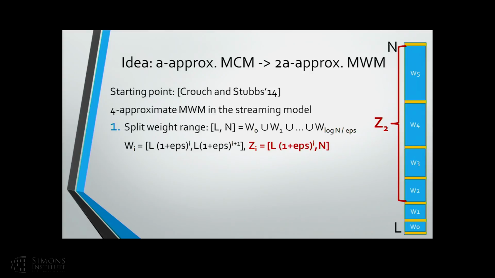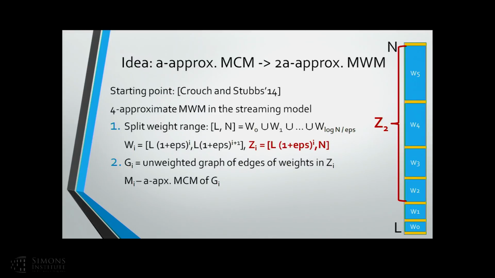Z sub i is between L times 1 plus epsilon to the i and the largest edge weight N. Then you create unweighted graphs composed only of the edges with weights within that Z sub i. So these are included: the graph Z sub 0 will contain all the edges of the original graph, and the top one will only contain the largest edges.